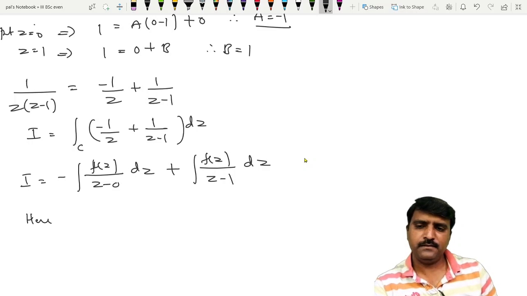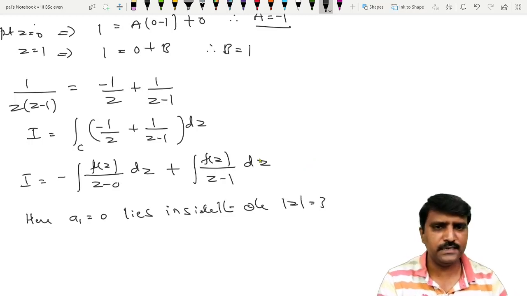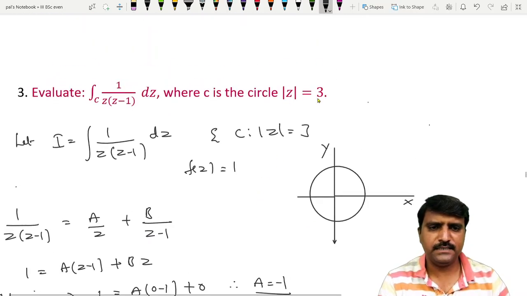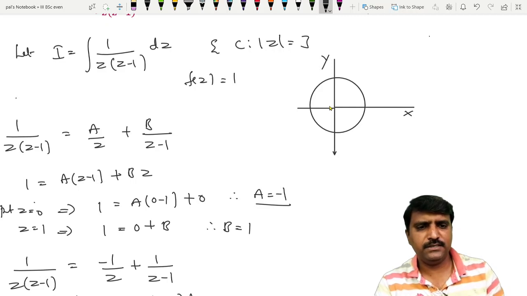Here, take a1 is 0, which lies inside the circle mod z is equal to 3. The given region is mod z is equal to 3. It is a circle with center origin, radius 3: 1, 2, 3.